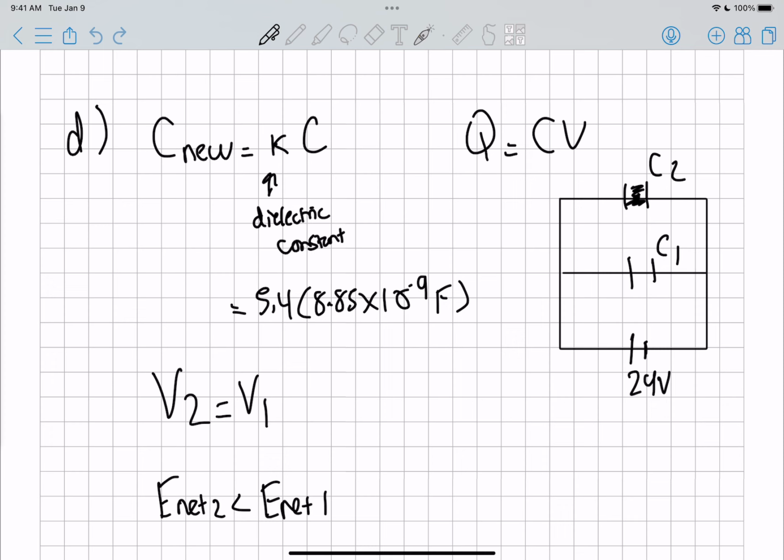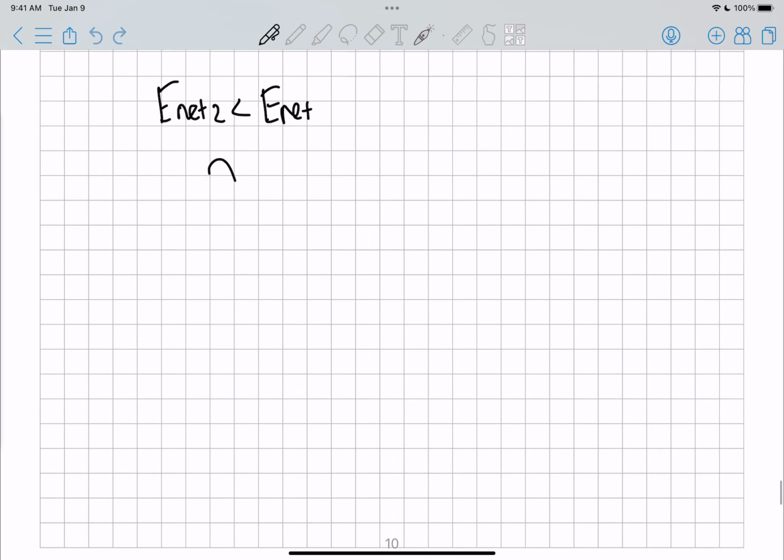So we'd be taking 24 volts times a larger capacitance. And so Q2 would have to be greater than Q1 based on that equation. Does that make sense? Okay. So that's problem 9.